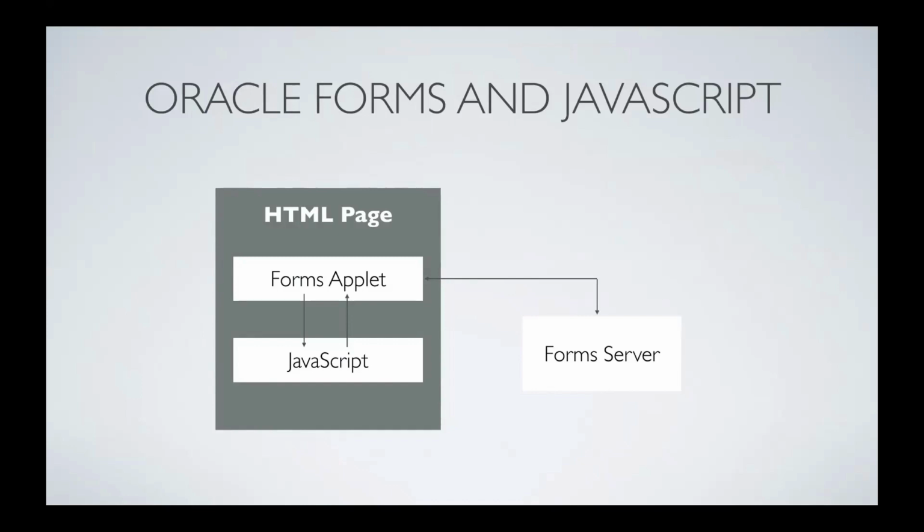And because of the way Oracle Forms works, they run in an applet, and this applet runs on the client, in the browser, right? And with JET, you also run on the client side with JavaScript. So it becomes easy to communicate between Forms and JET. Technically, you could have, let's say, the main UI shell written in Oracle JET.